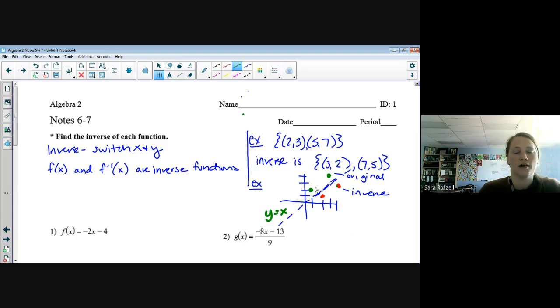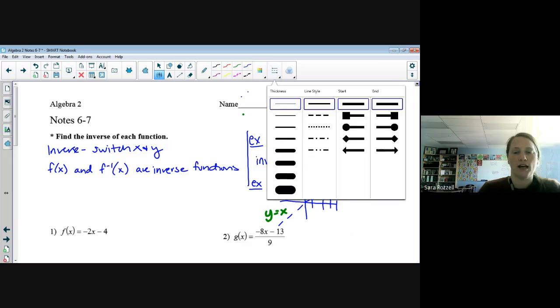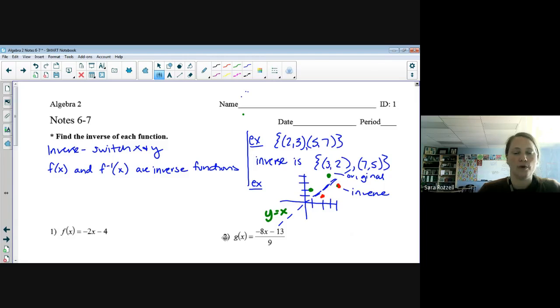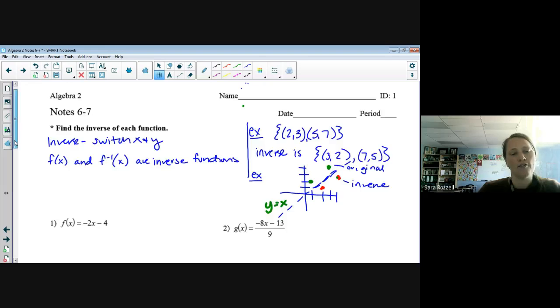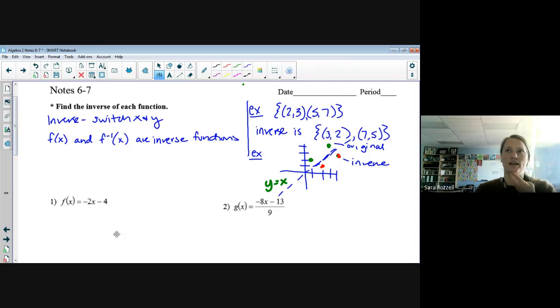If you see those for your inverses, we just know we're going to switch our x and our y. But most of what we're going to be doing today is figuring it out with functions. So if you have an original function and you want to find the inverse, here are our steps.